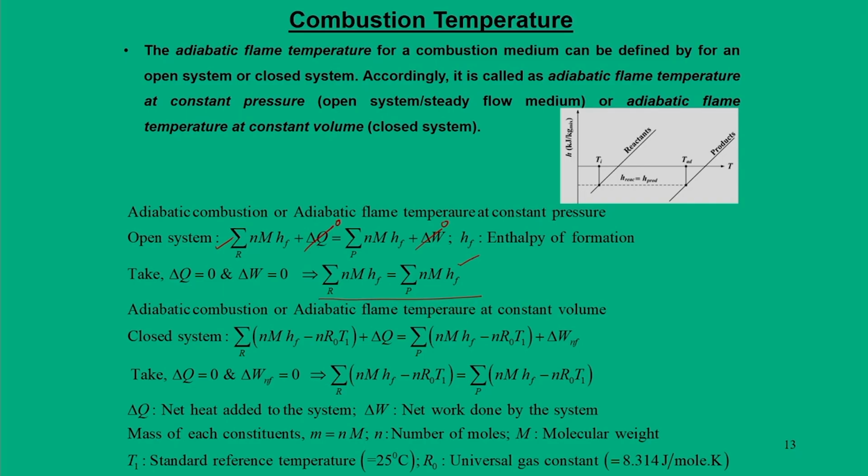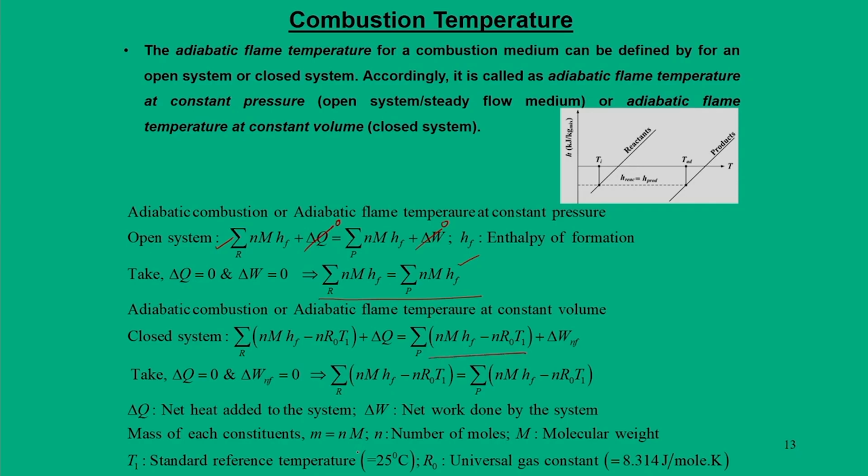Now, when you interpret the same concept for a constant volume system, we replace these equations in terms of internal energy. This internal energy is represented as H minus PV. So, for that we write the same equations considering PV equal to nRT, and we rewrite the equation in this form.